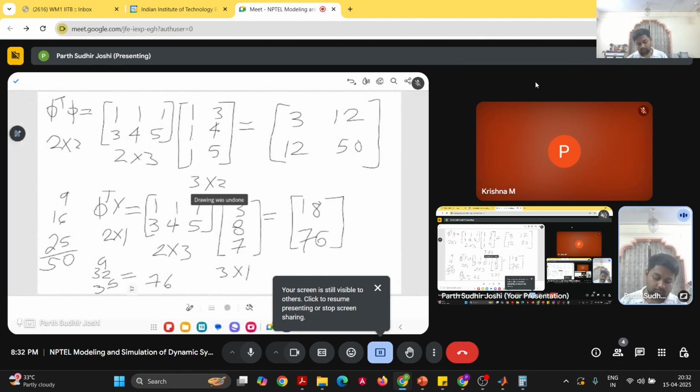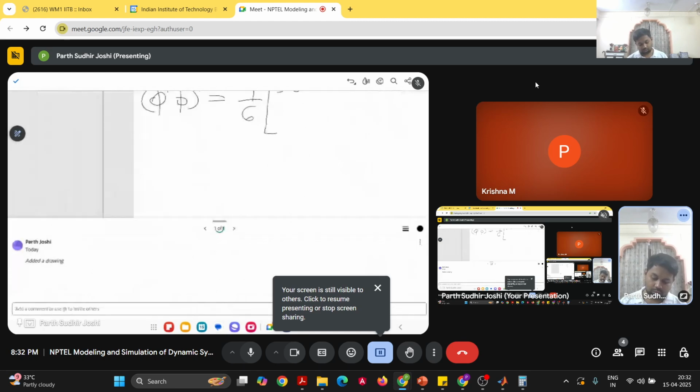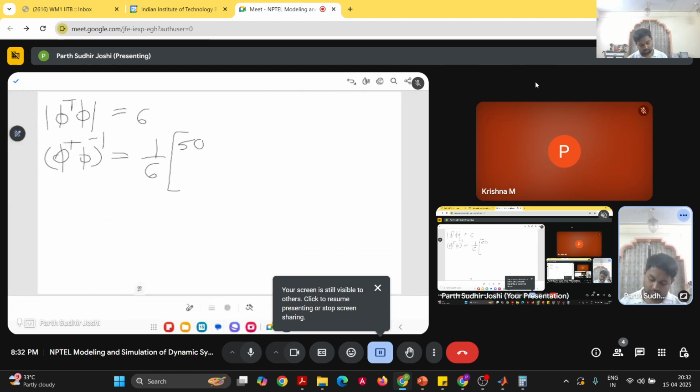For the second element, the cofactor will be minus 12.